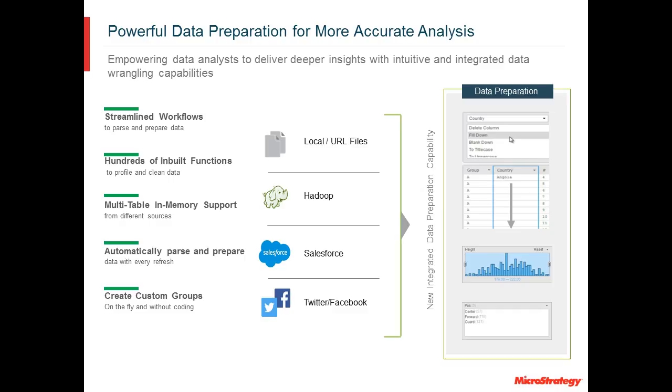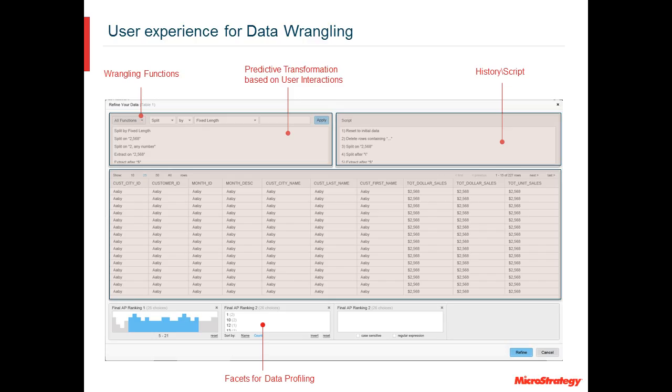Here I want to show you first, before we jump into the demo, a screenshot of the data wrangling interface. At the very top, you can see the auto functions that change not only based on the column selected, but also on text. These functions are predictive, and they will change every time you highlight something different.